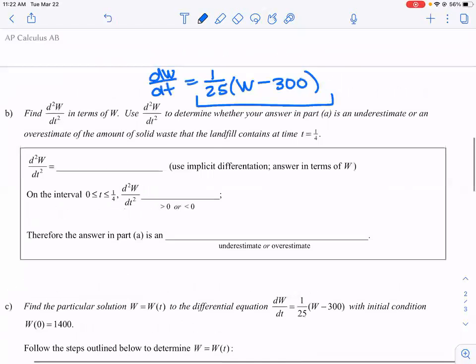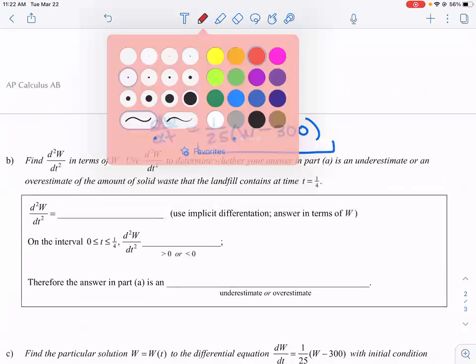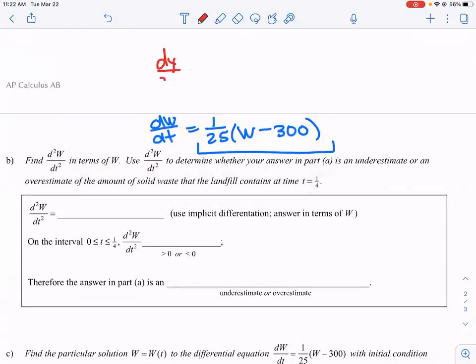Okay, what if I wrote it like this? dy/dx equals 1/25 (y minus 300). Okay, yeah. If we were to take, we could distribute that, right? This doesn't matter. When we take its derivative, it's going to go to 0, right?